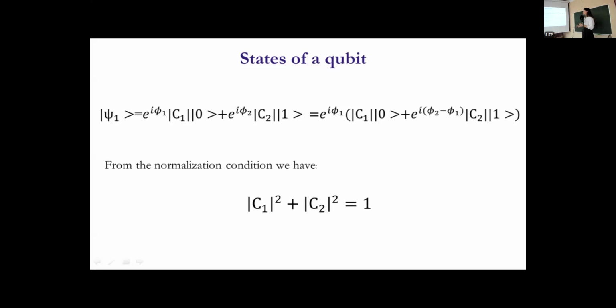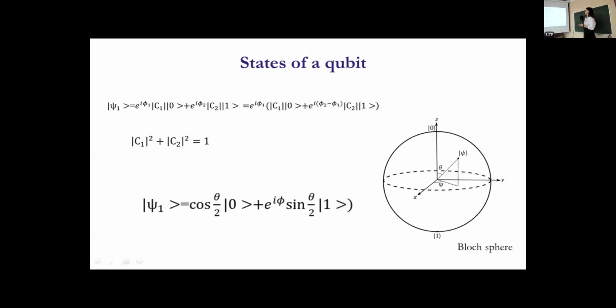From the normalization condition, these absolute values have to satisfy this condition: the sum of the absolute values squared of these two constants has to be equal to 1. So minus one parameter from this condition. So we have just two parameters that can be used to describe an arbitrary quantum state of one qubit.